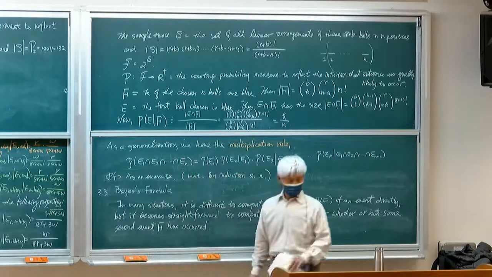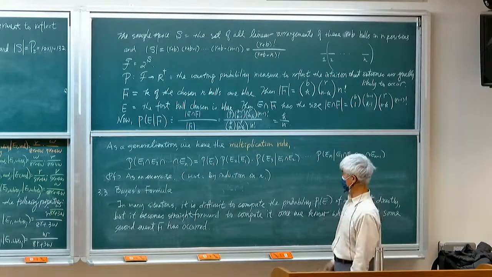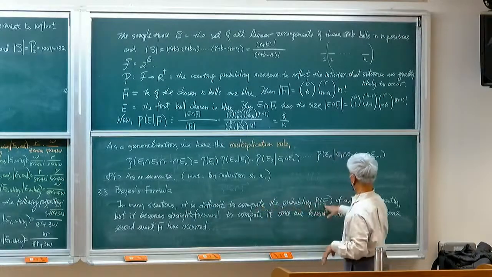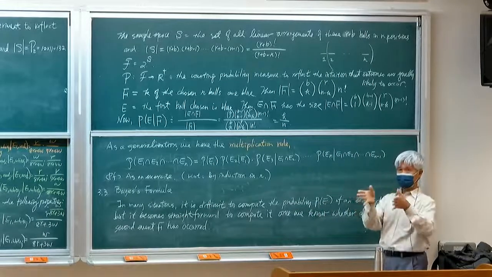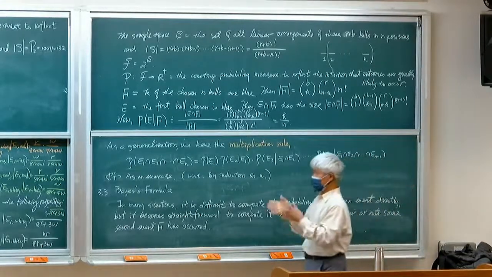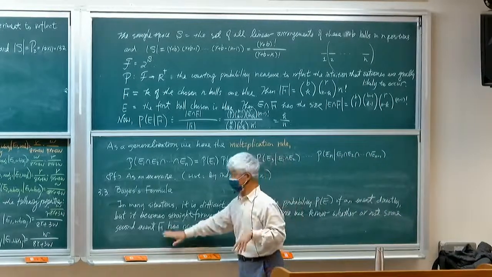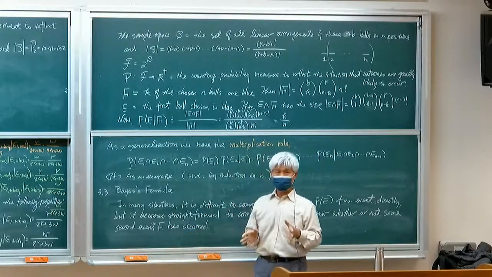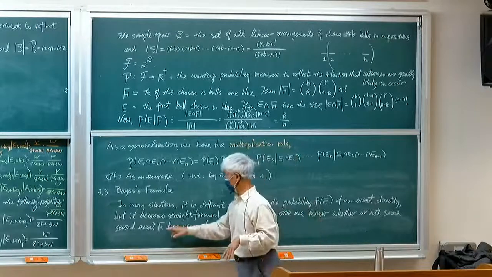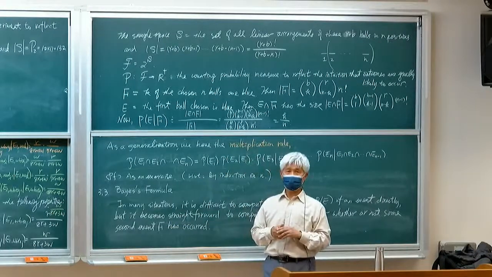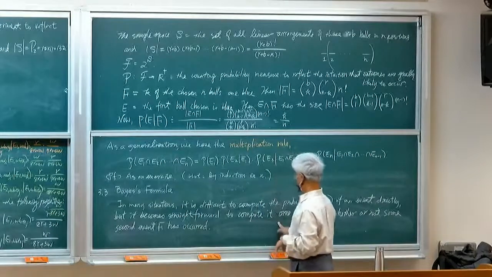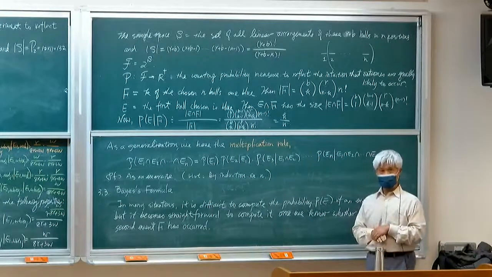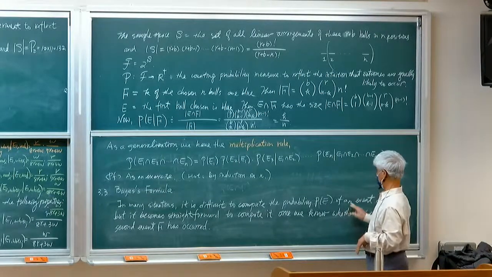So that is a situation where it's difficult to compute the probability of an event directly. But if you know another event, suppose you are given that an event has occurred, or has not occurred, then it may become straightforward to compute the conditional probability of this event.